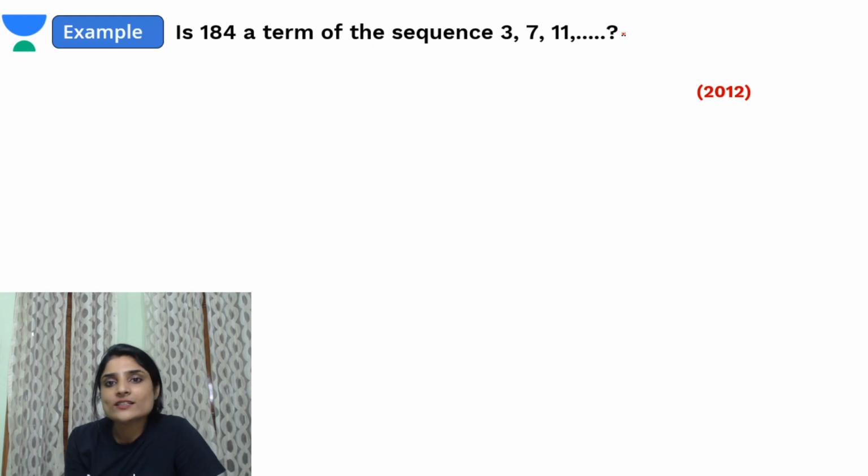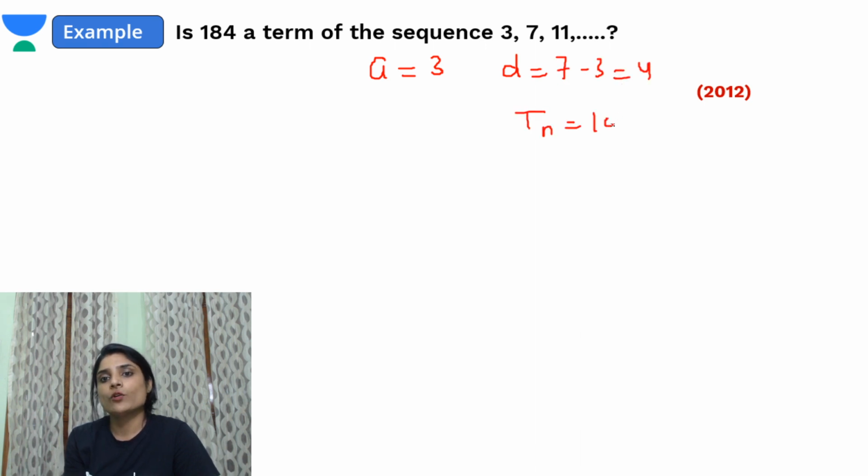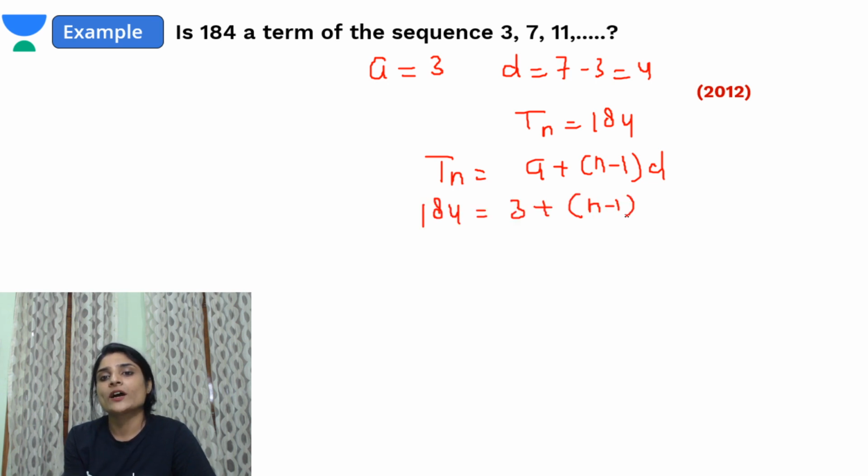Is 184 a term of this AP or not? So you all know a is 3, your d will be 7 minus 3, that is 4. Your Tn will be 184. So just apply the formula Tn is equal to a plus (n minus 1)d, same as the previous one. So you can put 184 is equal to 3 plus (n minus 1) into 4.